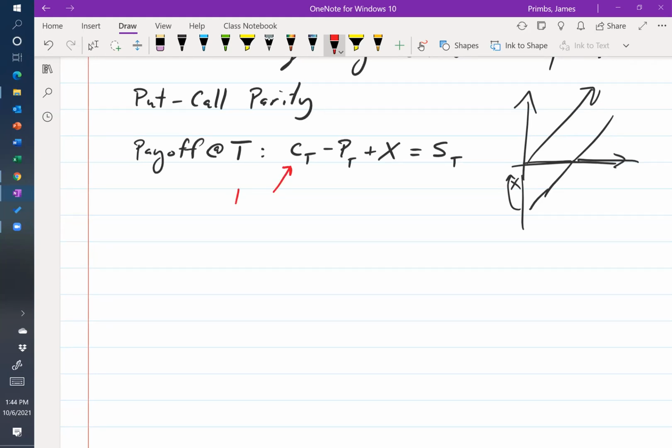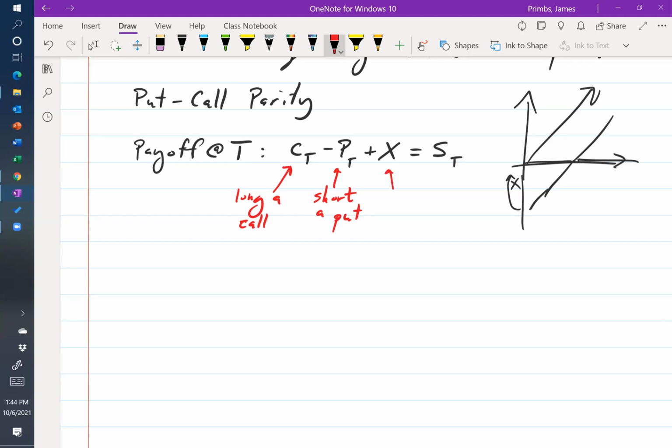So when I see this formula, what do I think? I think long a call. Why? Because the coefficient is positive 1. What does this term correspond to? Short a put. Okay, and why is that? Because I have the minus sign there, -1.